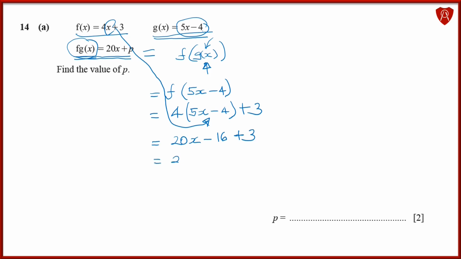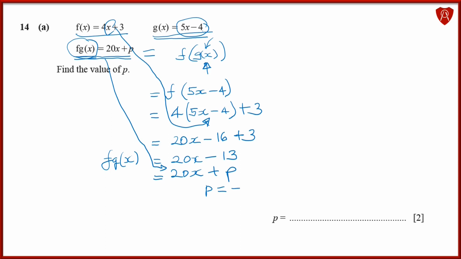This simplifies to 20x minus 13. This is our fg of x, which is also given up there as 20x plus p. And when we compare these two expressions, we now know that p must be negative 13, which we shall write in the answer box.